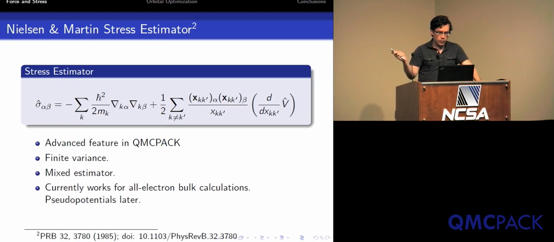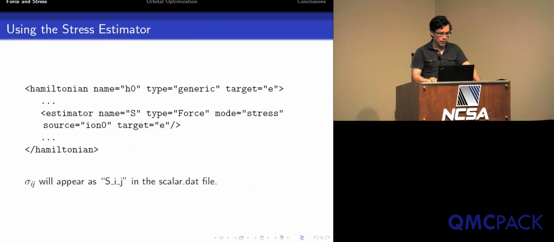This currently works in the code. If it doesn't, let me know and I will make sure it's working; it was working not too long ago. The disadvantage is that it works for all-electron calculations, but that's about it. Pseudopotentials are not yet supported. It's not hard, you just need to specify these derivatives, but they're a bit of a bear. Using the stress estimator is very straightforward, and with no adjustable parameters, it's even better.